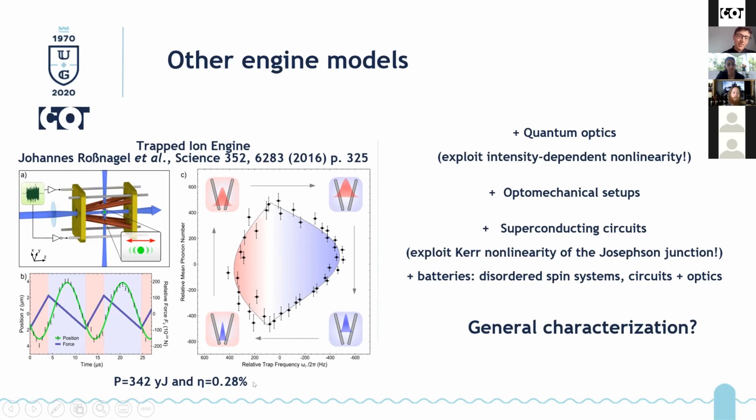You can see that the efficiency and power are not very impressive, but it worked to some extent. There are, of course, many other proposals based on quantum optics and superconducting circuits. Here, there are some hopes that exploring nonlinearity effects may help in boosting power.